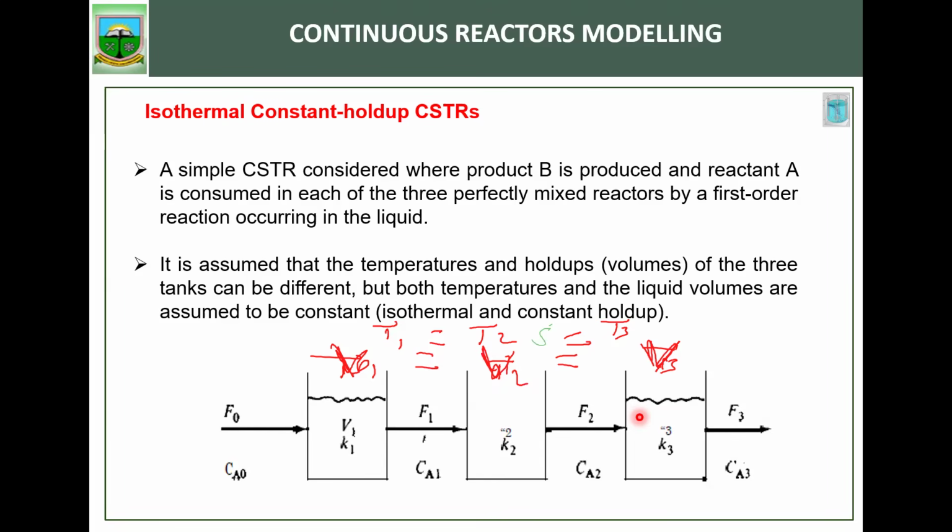Ideally, you are supposed to write both the total continuity equation for reactor 1 and the component equation for reactor 1. You come to reactor 2, write the total and component continuity equations for all of them. It's quite simple.